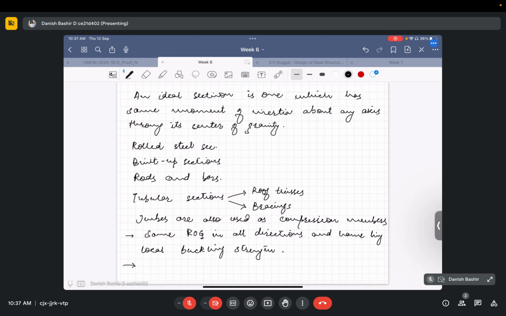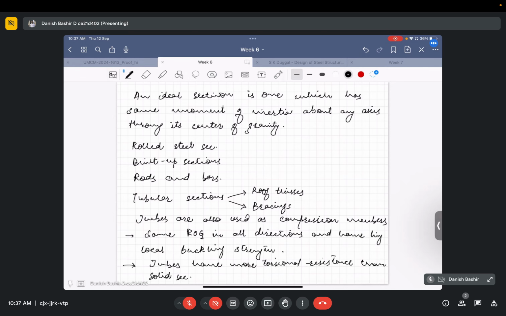So tubes have more torsional resistance than solid sections, and that is why we are using tubular sections.